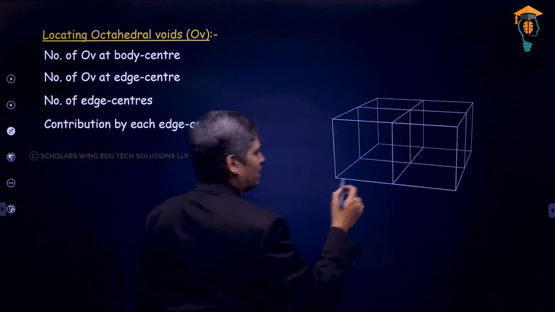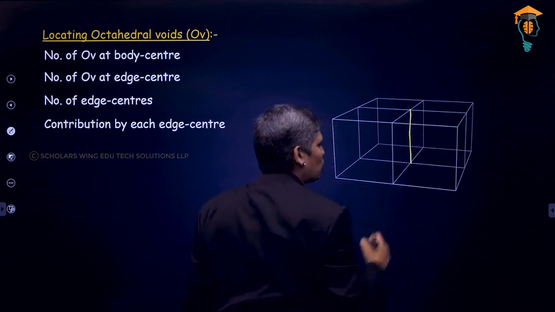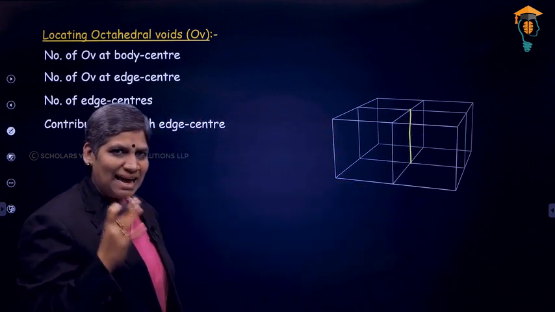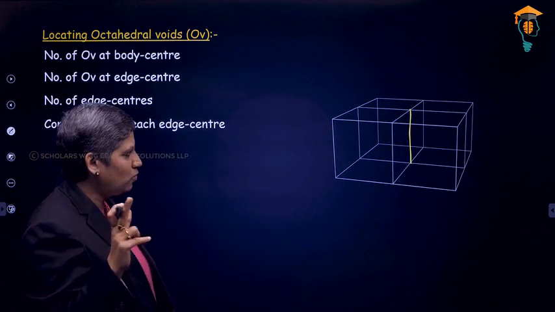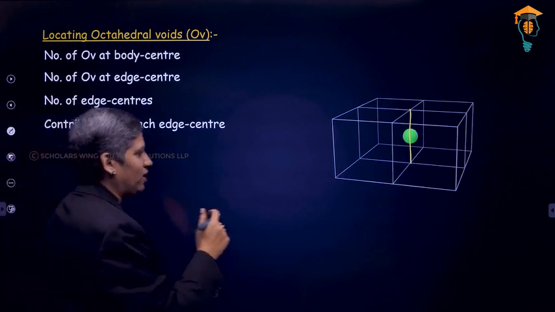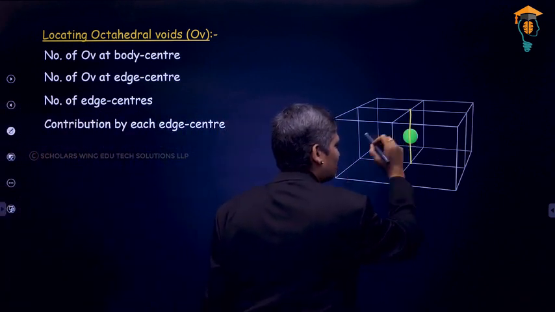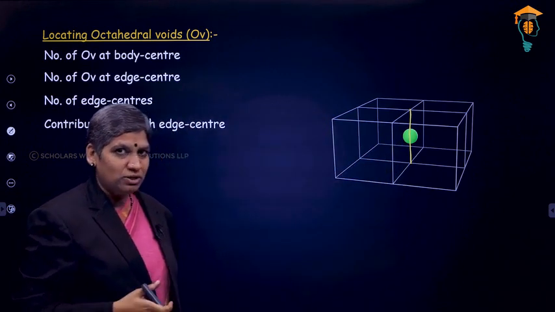Yeah, and you can see that this is the common edge, the edge that is shared by all the 4 cubes. Yes or no? At that common edge, yeah, we have placed what now? A sphere at the center of that common edge, to be more precise.